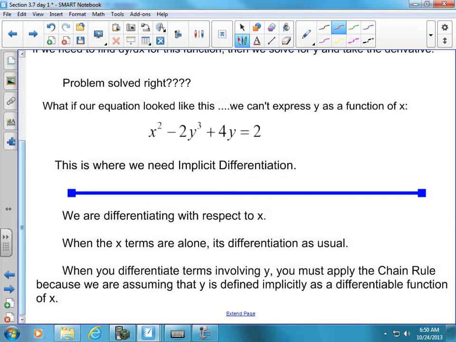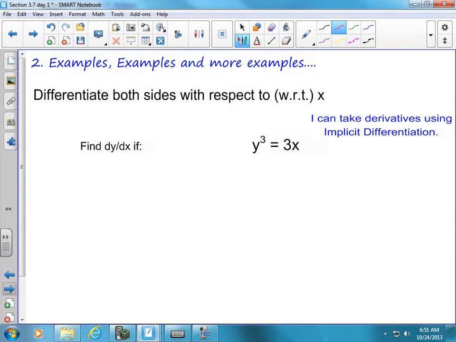So whenever we have a y in the equation, we're going to take the derivative of that y and then multiply times dy dx, because we don't really know what this y function is. So you'll see a lot of dy dx's, and we'll use this notation for derivatives of y in this section and in implicit differentiation throughout our discussion of it.